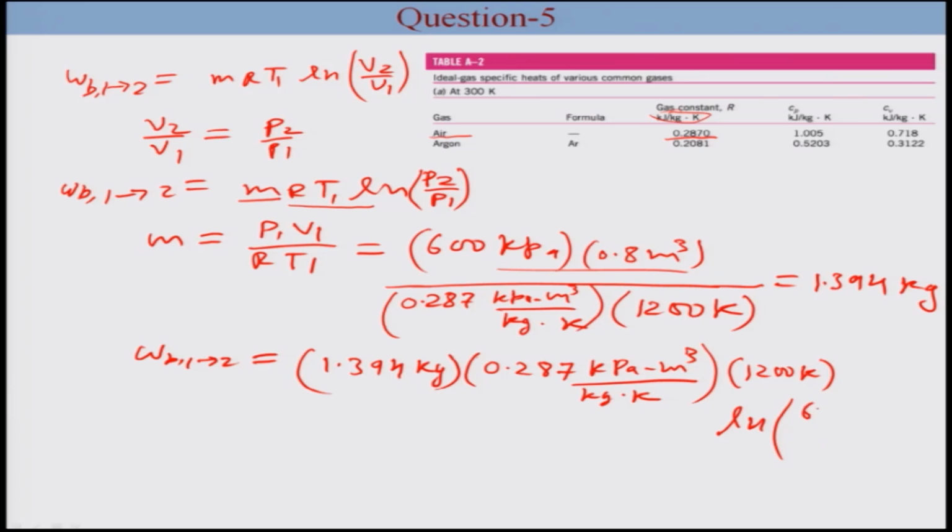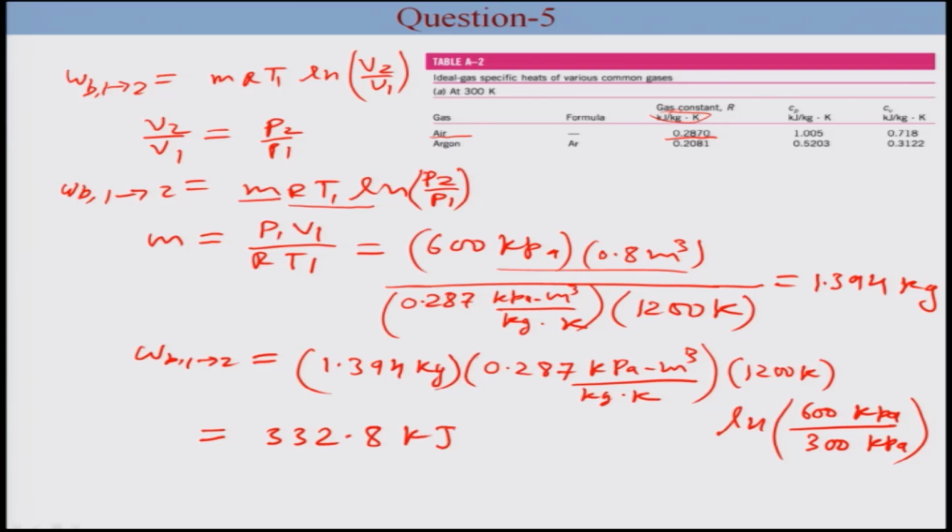So 600 kilopascal to 300 kilopascal. From here the total work will be 332.8 kilojoule.